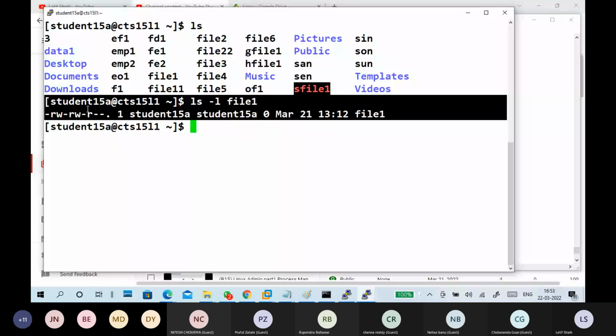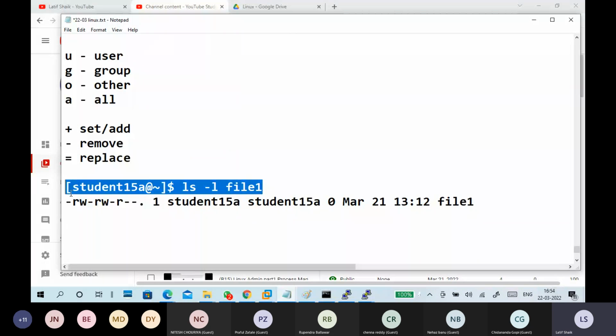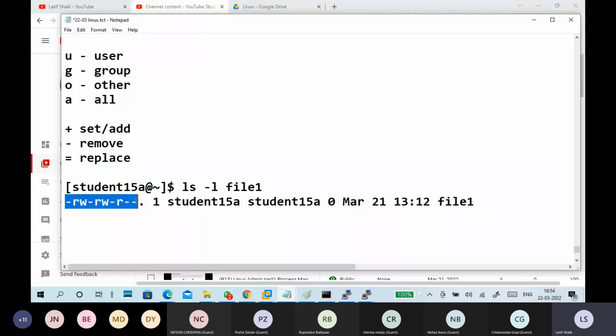I'm using a regular user for this practical. Look here: this is the permission, user, group, size of the file, last modification, and file name.